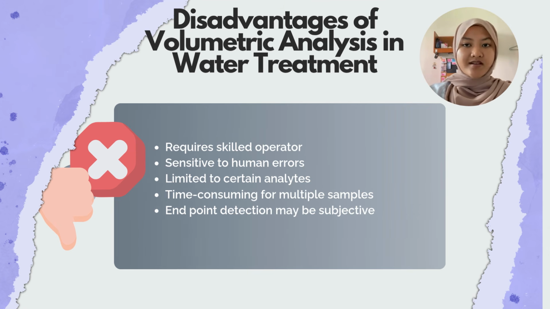Moreover, volumetric analysis is only suitable for analyzing certain chemical substances and cannot effectively detect trace contaminants or complex organic compounds that require advanced instrumental techniques. Although each titration is relatively quick, analyzing a large number of water samples manually can become time-consuming. Therefore, while volumetric analysis remains useful, it is not always the most efficient method for every type of water quality analysis.